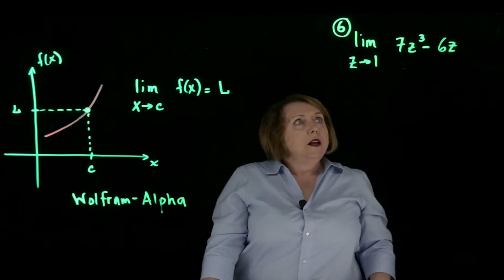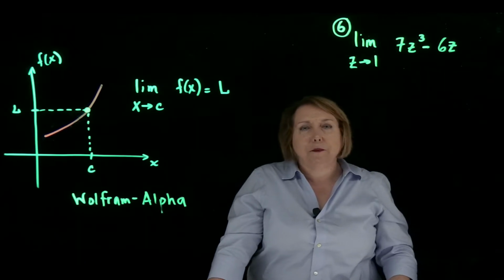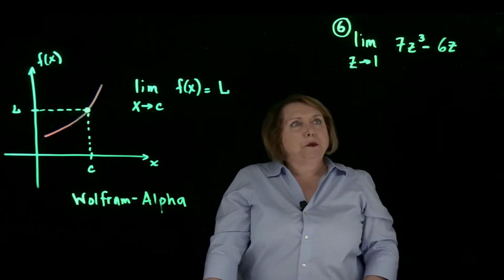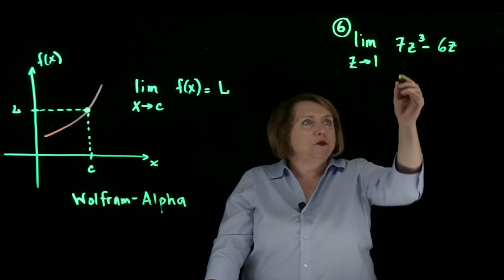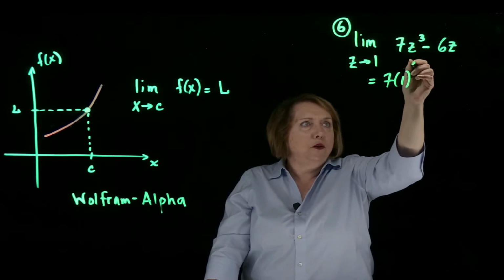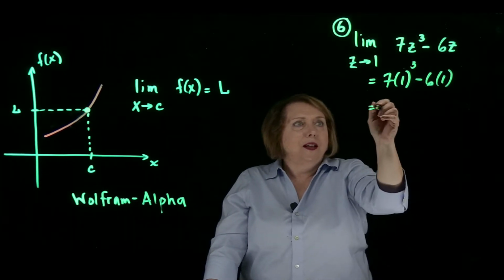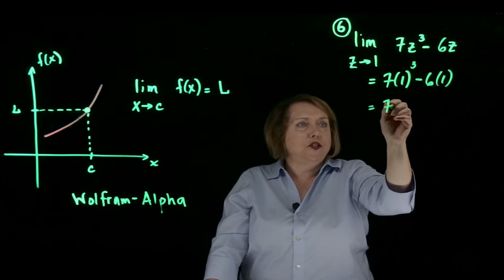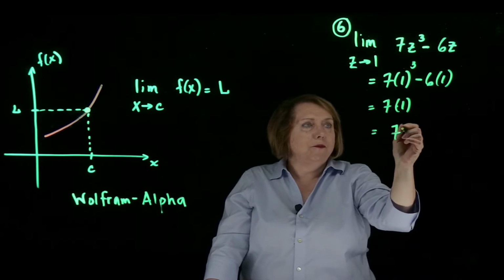Okay. So when I look at this function, it's a polynomial. Polynomials have limits. All I have to do is replace z with the value that it's approaching, which is 1. So we'll have 7 times 1 cubed minus 6 times 1. 7 times 1 cubed is just 7 times 1, which is 7.